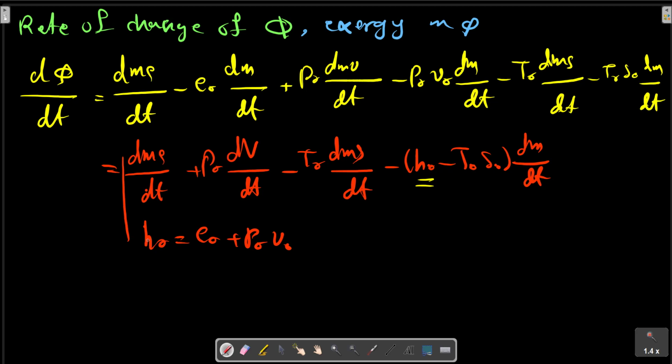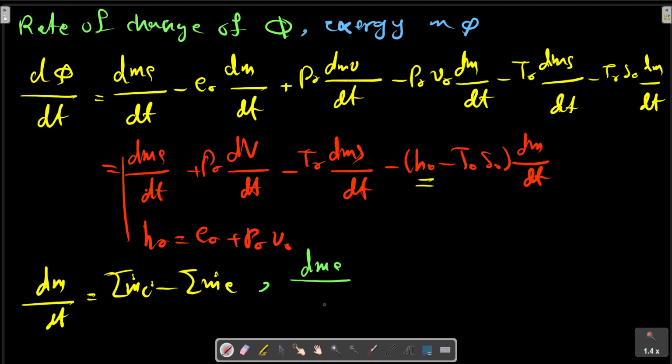Now we substitute the rate of change of the mass from continuity, dm on dt equals m dot i minus m dot e, into the expression above, and also we have this relation for d(mE) on dt.